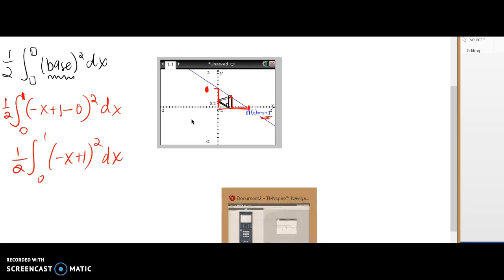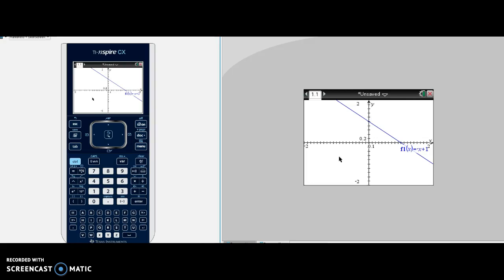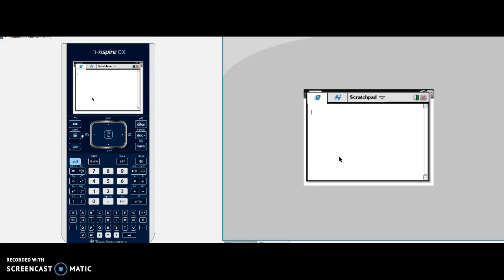From here, I would simply go to a calculator page and put my 1/2 out front, get my integral expression, run from 0 to 1, open a parentheses, and if you already had the function in f1, you definitely wouldn't have to type this.